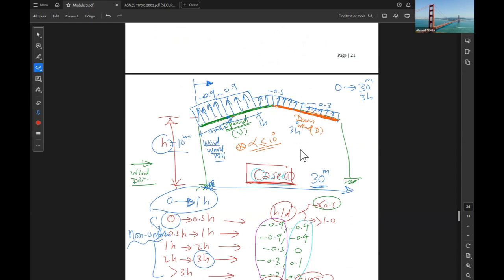Like we have dead load and live load and wind load, right? Yep. So not only wind load. So for example, if you are designing this roof, you will have load downward from dead load and load downward from what else? Live load.